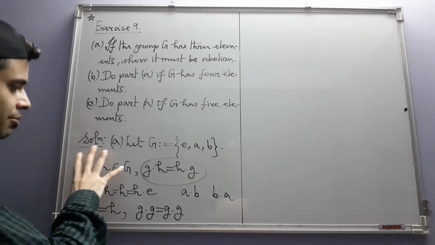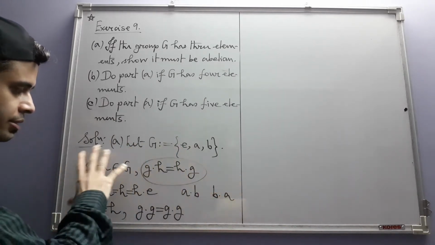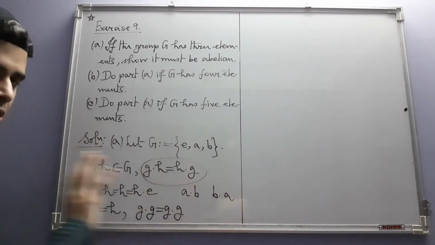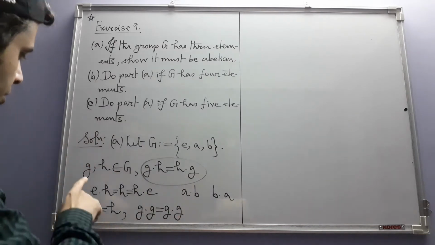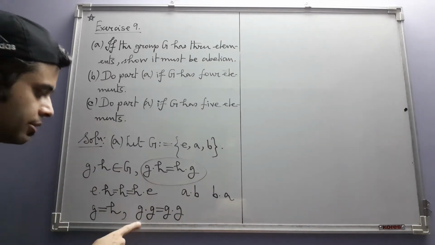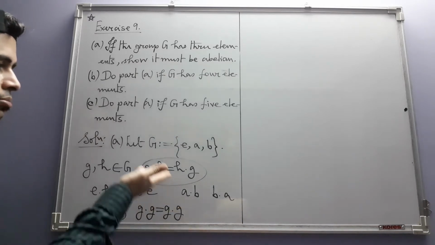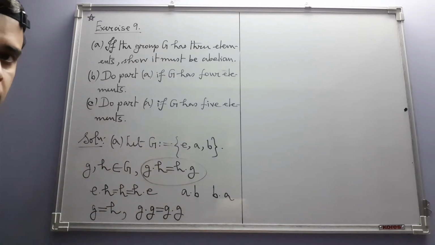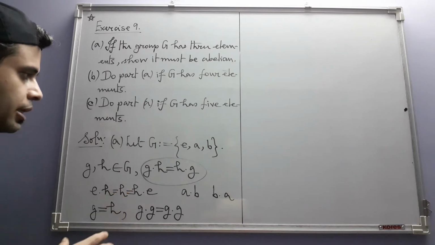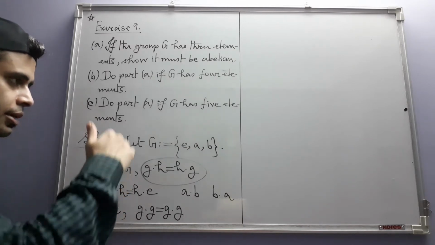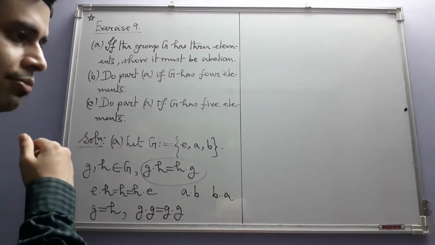Now it may seem like all of these things have to be explained, but no, these things are quite trivial and we will not even mention them in our actual solution, because you cannot hope to write a solution showing every detail.